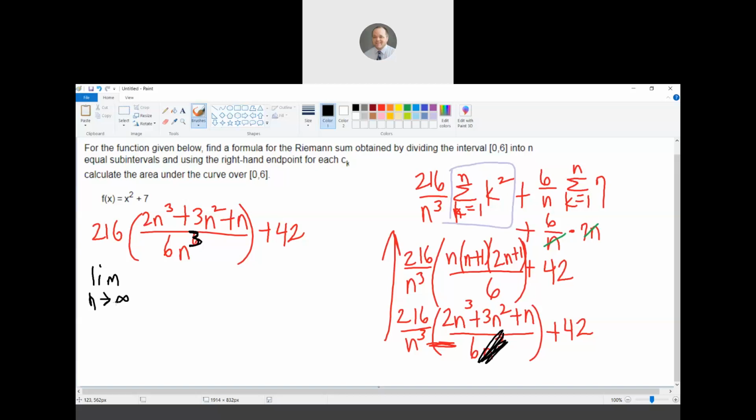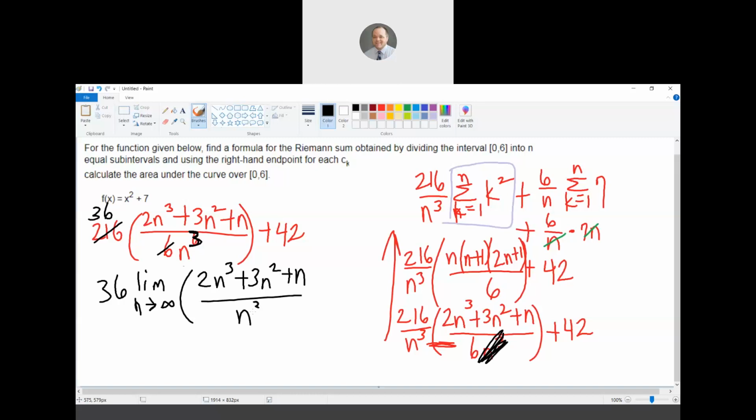Actually, I'm going to simplify this. 6 can go into 216 36 times, and we can move the 36 in front of our limit notation, times 2n cubed plus 3n squared plus n all over n cubed, plus the limit as n approaches positive infinity of 42 as well.